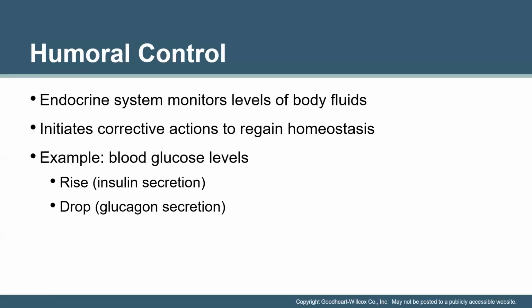When the blood glucose levels drop, then in contrast, the pancreas secretes a hormone called glucagon. Glucagon causes the breakdown of glycogen that is stored in the liver. The glucose then can enter the bloodstream and increase the glucose levels.